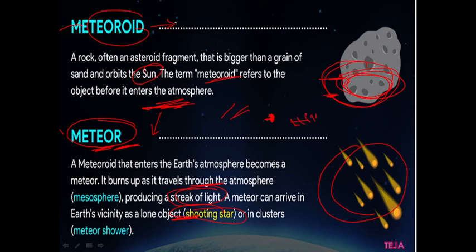We think that the stars are falling, but it is not the stars that are falling. It is a meteoroid which, after entering the Earth's atmosphere, burns because of Earth's atmosphere, and it just looks like the light of a star that is falling. Sometimes it may be a single one, or sometimes a group of stars that are falling. So that is called a meteor shower.